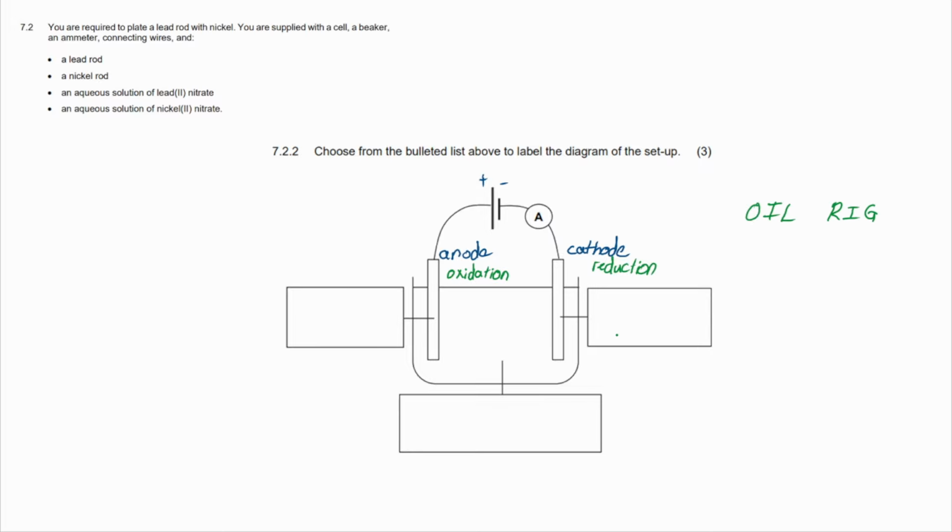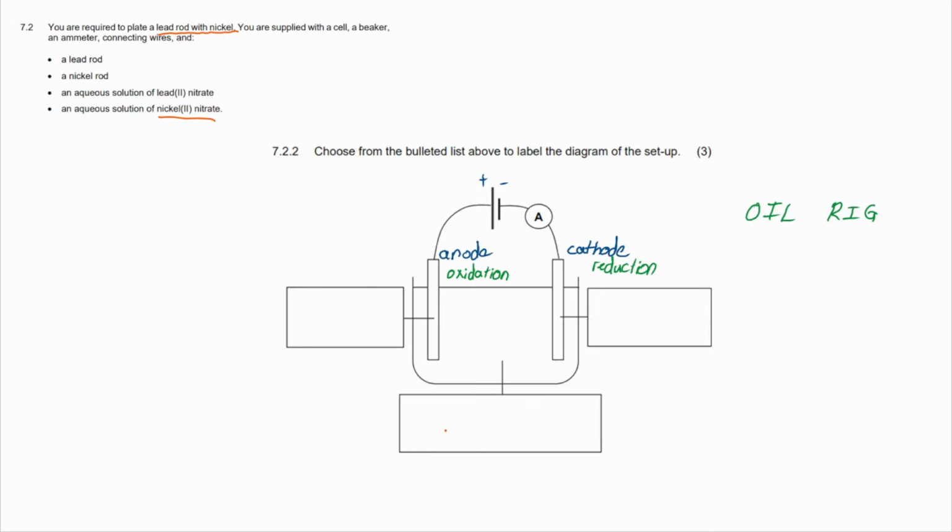So what we want is, let's just go back, we have to plate a lead rod with nickel. So one of these rods is going to be lead, one's going to be nickel. What that tells us is immediately in the solution, this has to be our nickel nitrate solution. So that needs to be over there.